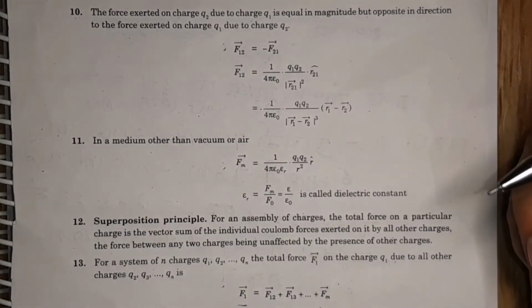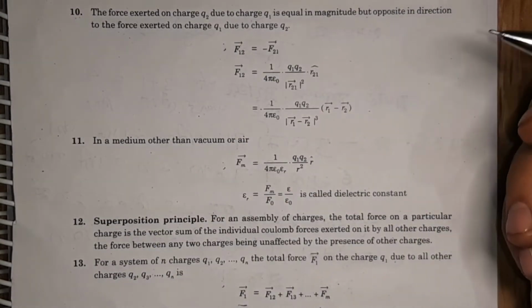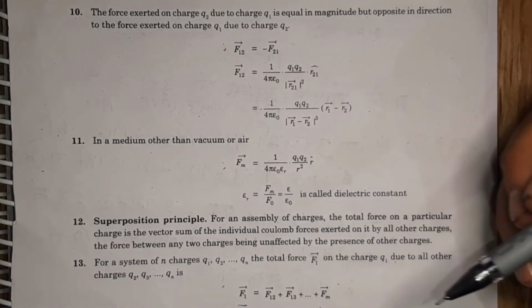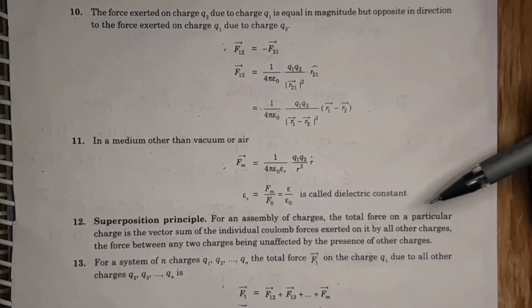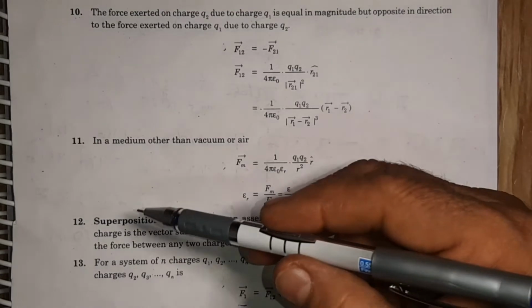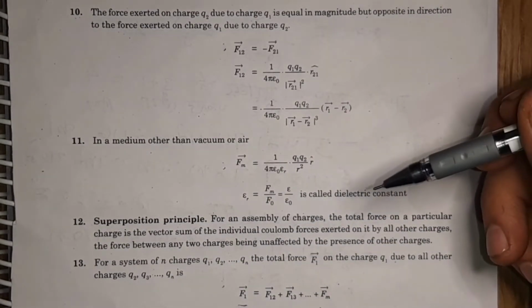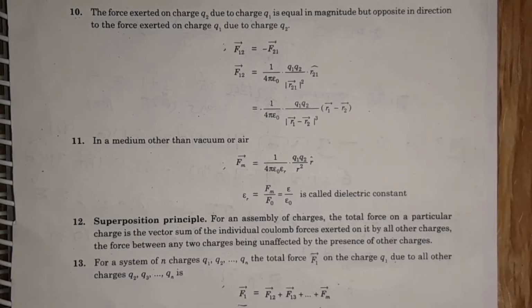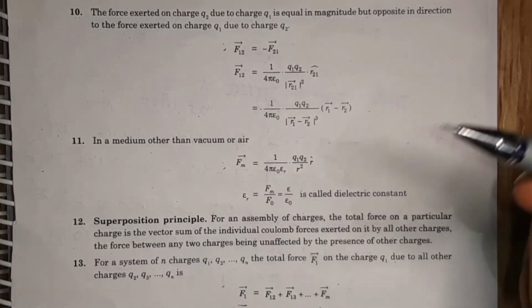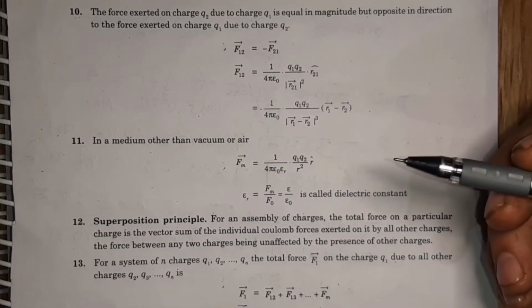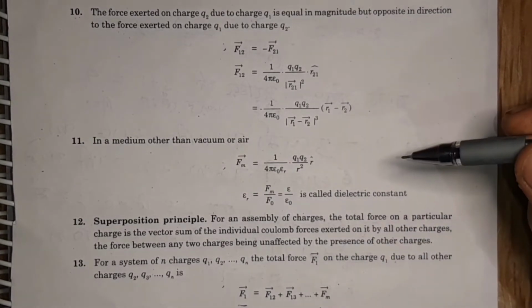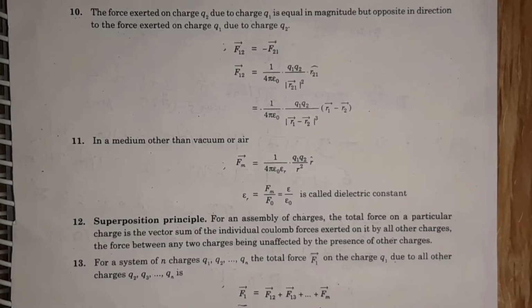Number 12, superposition principle. For an assembly of charges, the total force on a particular charge is the vector sum of the individual Coulomb forces exerted on it by all other charges. The force between any two charges is unaffected by the presence of other charges.